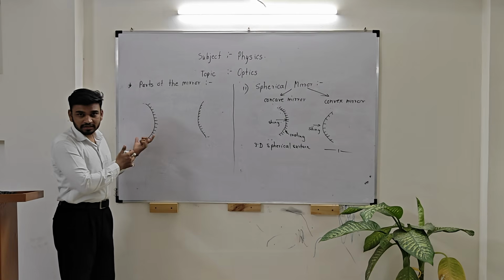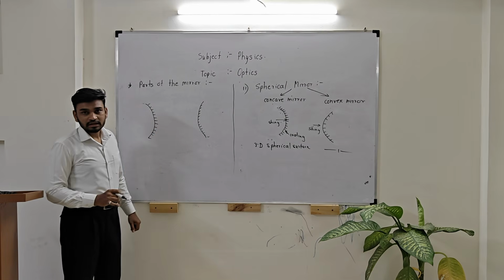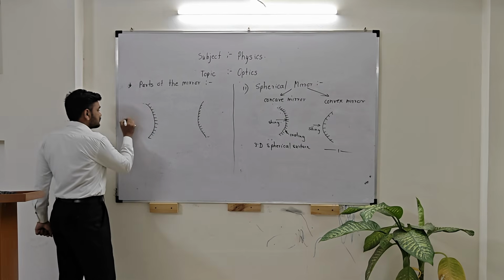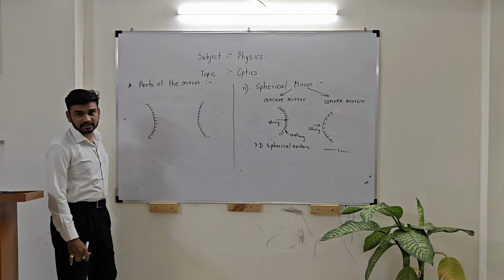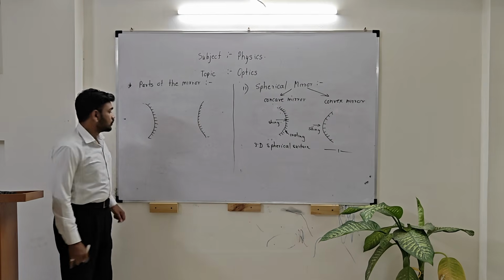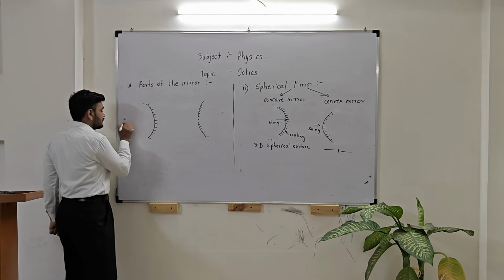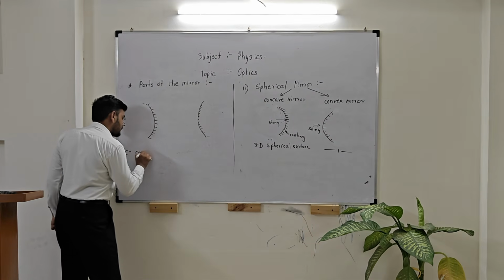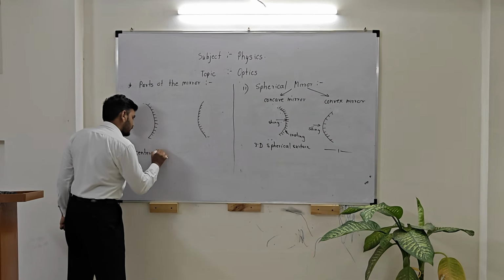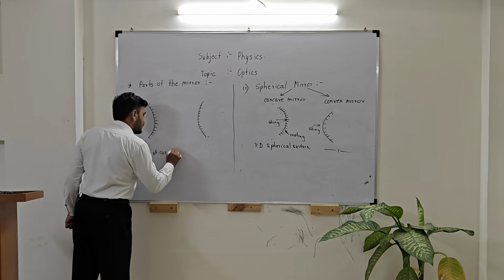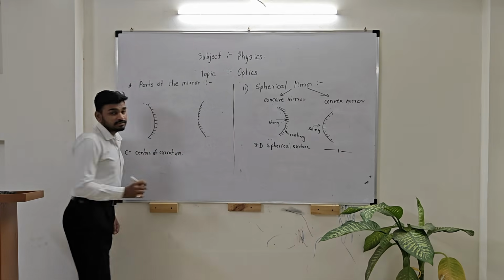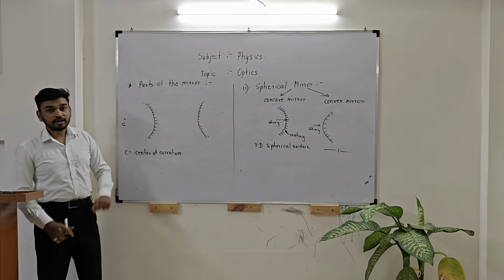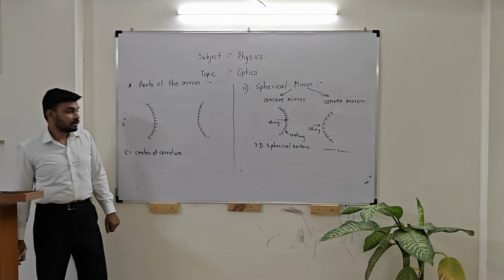As this is a spherical surface, the sphere must have a center. Suppose the center of this spherical surface is here. This point is marked as C and is known as the center of curvature. It is the center of the spherical surface from which this mirror is formed.